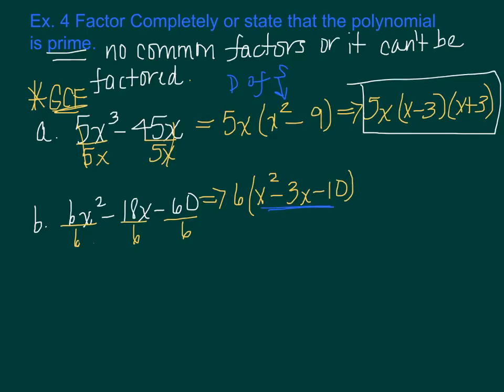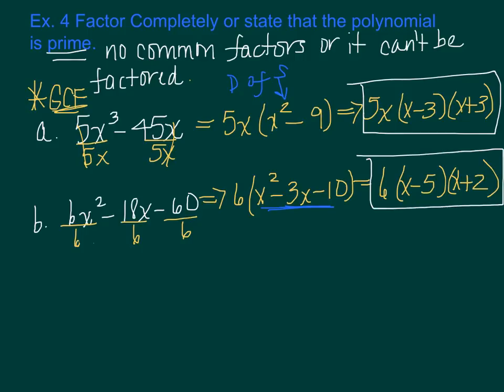Now this can go further. And if it can't, you would leave it. Two numbers that multiply to give you negative 10, that add to give you negative 3. Negative 5 and positive 2. And now that's factored completely.